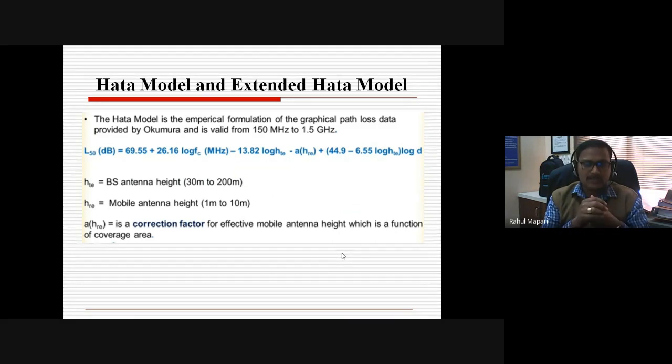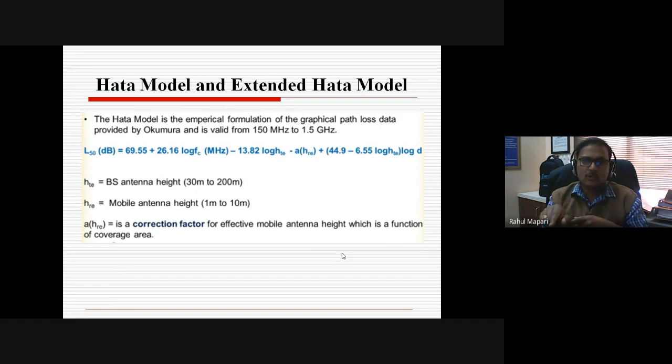So loss L50 in dB is equal to 69.55 plus 26.16 log of FC, and that FC is in megahertz only, minus 13.82 log of HTE minus AHRE.